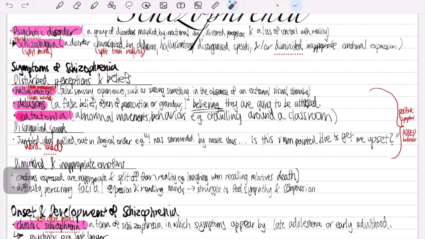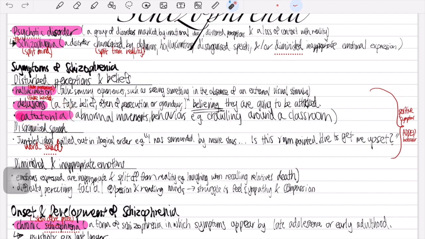And there's also delusion, which is false beliefs, often of persecution or grandeur. So maybe someone believing that they're going to be attacked, etc.